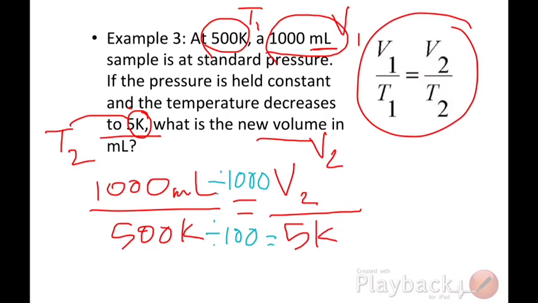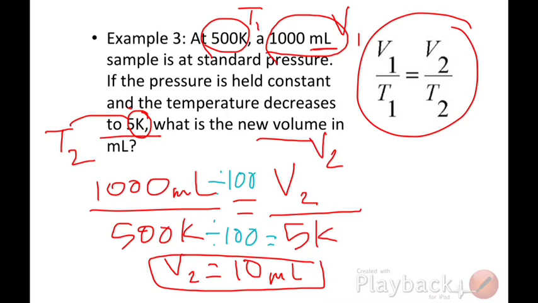So we can divide by 100 on both sides, or on the top and the bottom, and we're going to get 1,000 divided by 100 is 10. So our V2 equals 10 milliliters.